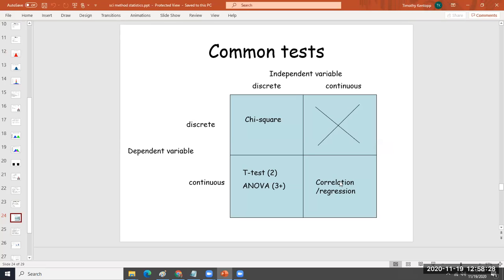It's one of the most common go-to methods of data analysis for that kind of experimental data. When you have a discrete variable and then the dependent variable is continuous, then you're dealing with one of these two types of tests.